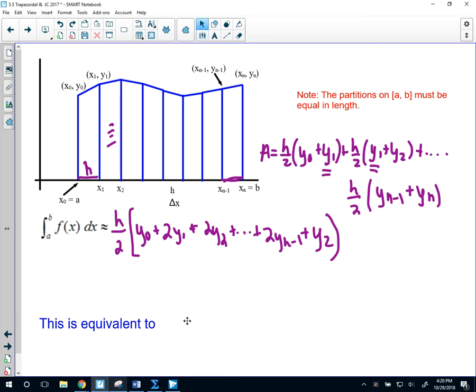This formula is actually equivalent to LRAM plus RRAM divided by 2. So you could do that if you know how, but you have to do both of those in order to make that work. This is a really useful method when you have a table of values, as we'll see in a minute.